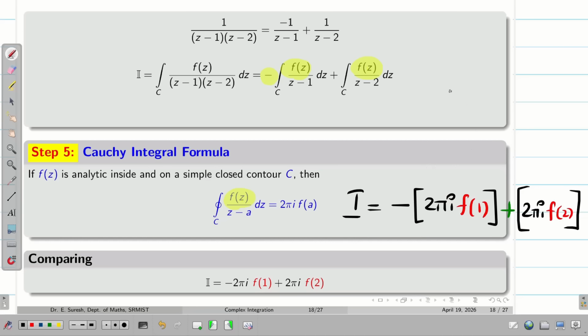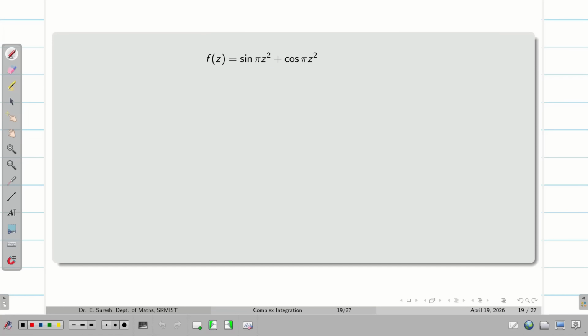So now our job is to find f of 1 and f of 2. Substituting here, we get the solution for capital I. We know that f of z is sin pi z square plus cos pi z square. Now substitute z equal to 1. We get sin pi plus cos pi. Sin pi is 0. Cos pi is minus 1.